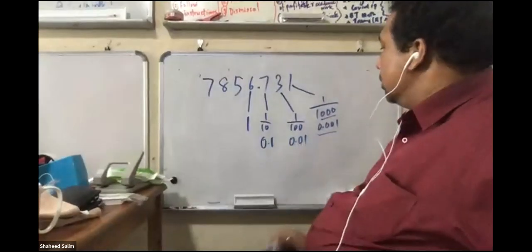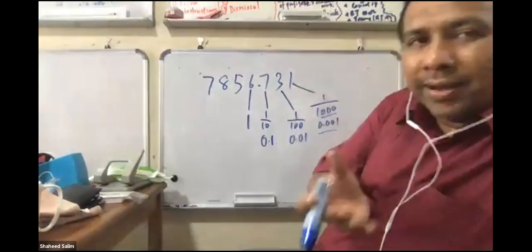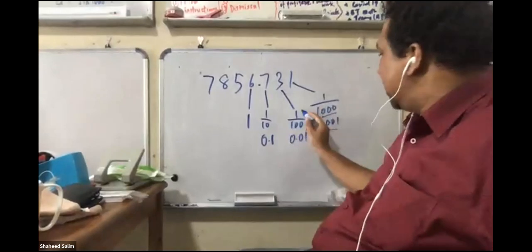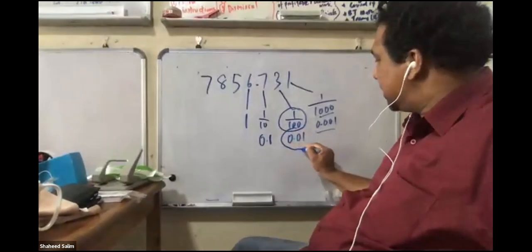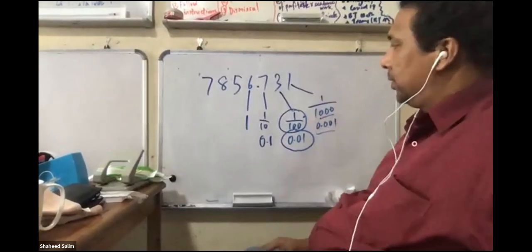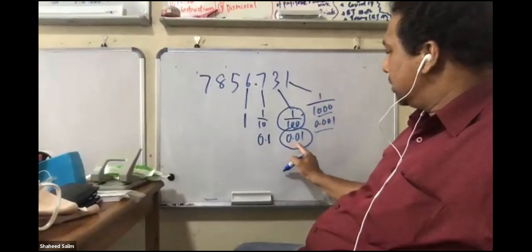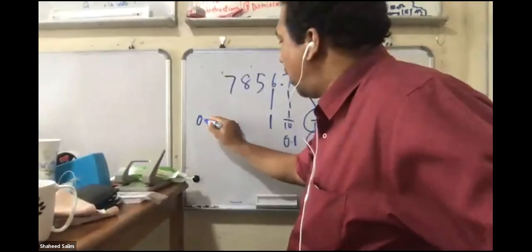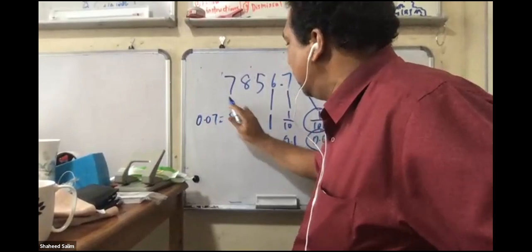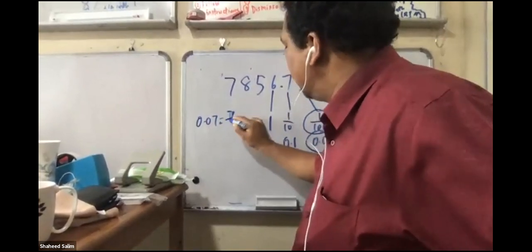So now, what is percentage? Percentage is this. So this is also the same as this fraction. Can you see? 1 over 100 is 0.01. So if I say 0.07, this is 7 over 100.